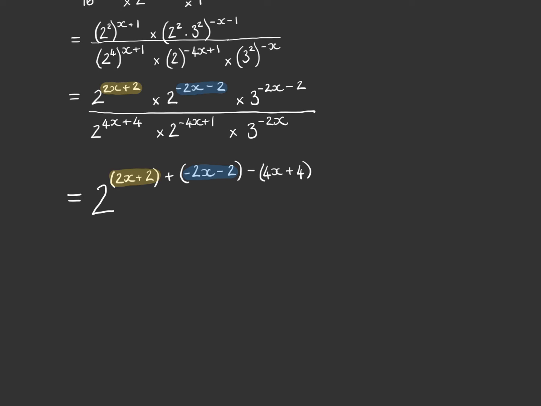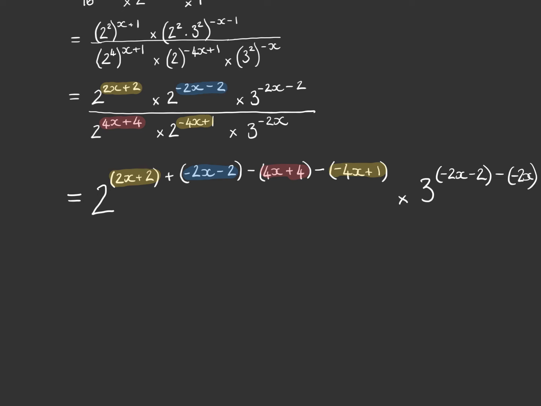And once again, let's highlight. We'll go with red this time. And then lastly, we're going to minus the other one as well. It's going to be minus 4x plus 1. And let's also highlight that in yellow. Now we also have the base of 3. So let's do times 3. In the numerator, we have minus 2x minus 2, and of course in the denominator it's minus 2x.